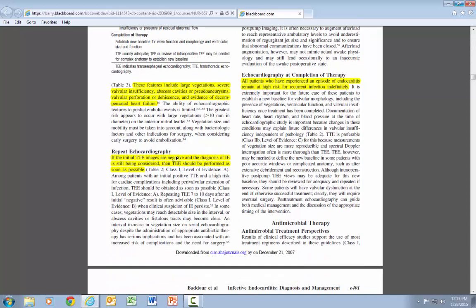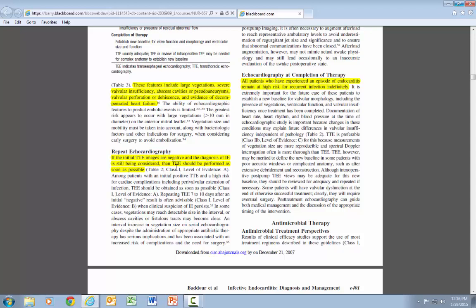So you diagnose the patient with endocarditis, you start treatment. This is to highlight that for the patient who had an initial TTE, or transthoracic echocardiogram, negative and the diagnosis clinically is highly suspicious, you should consider TEE.